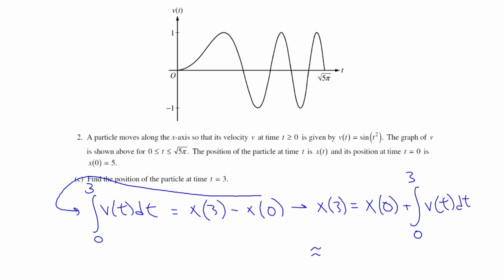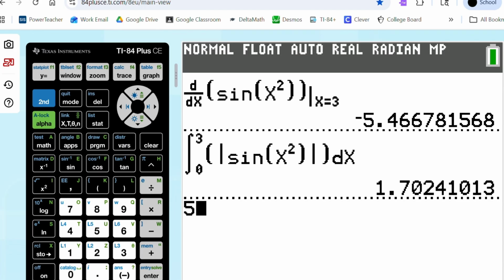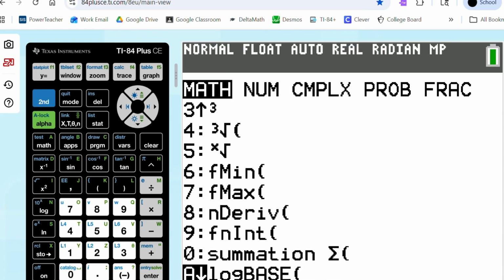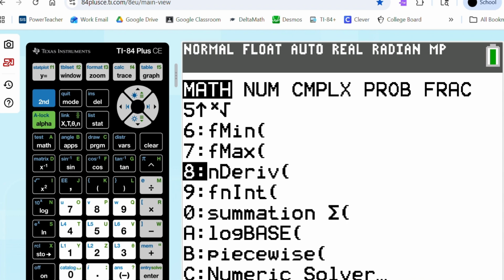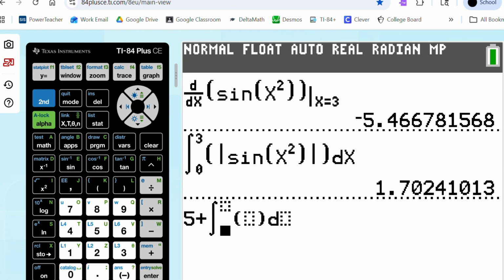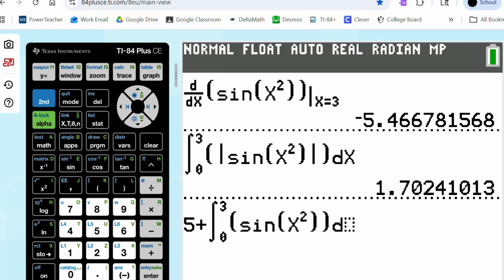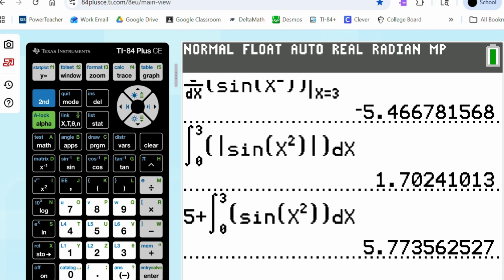And so we can just, again, use our calculator, right? x of 0 is 5, so we'll just do 5 plus the integral, so math and option number 9. The integral from 0 to 3 of our velocity function once again, so the sine of x squared dx, and we end up getting 5.774 when we round that.